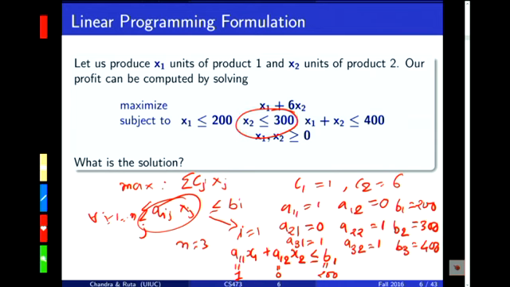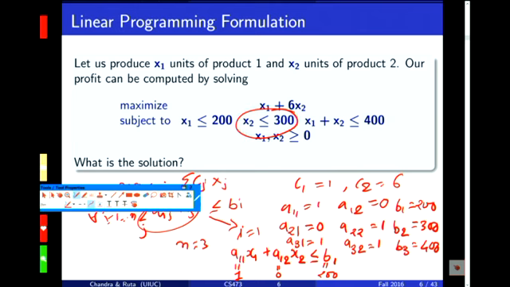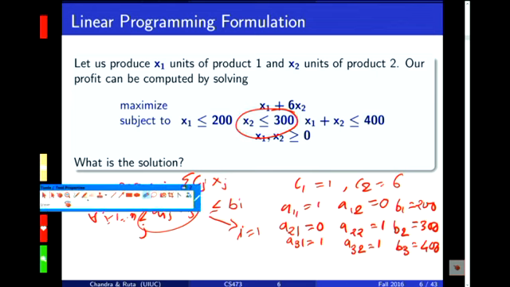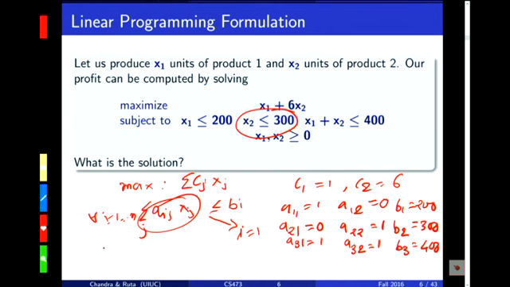Right? So if I want to write this in the matrix form, how can I write that? So I can say maximize (1, 6) dot product with (x1, x2), right?